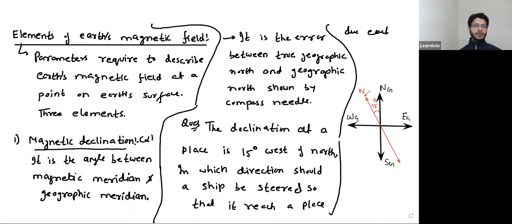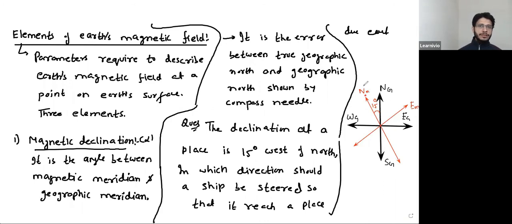This is the north of the compass needle and this is your actual north. It's asking in which direction should a ship be steered so that it reaches a place due east. So with respect to the compass needle, this must be east. This is the north of your compass needle. This is the east of your compass needle.